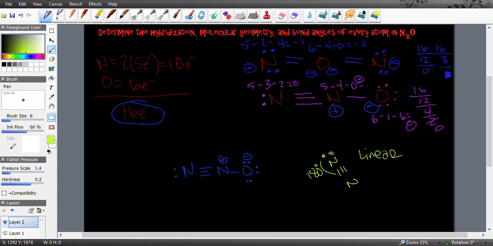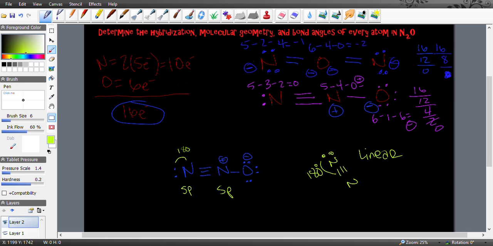Now it's surrounded by 2 electron groups, so this is sp, right? Let me double check myself real quick. Yeah, okay. So 2 electron groups, so the hybridization is just going to be sp. We have the same thing with this. We have 2 electron groups, so it's sp, and they're both going to be 180, right?